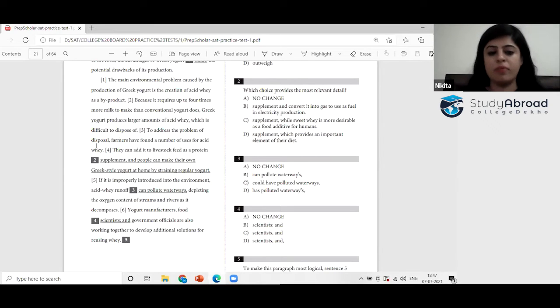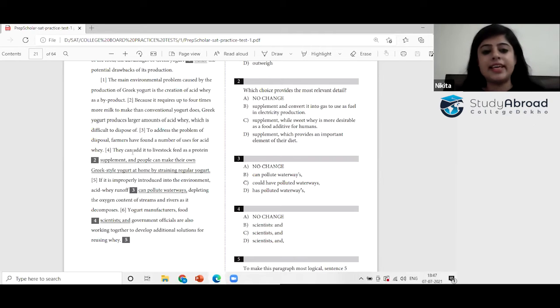To address the problem of disposal, the third sentence is about how the problem is being addressed. Farmers have found a number of uses for acid whey. Farmers, as it was said earlier as well, are actually looking for a number of ways to dispose of it. They have reinforced this point over here.